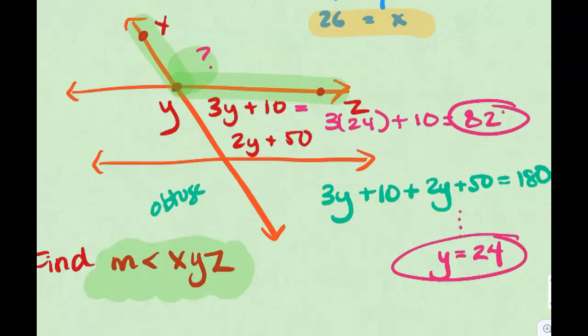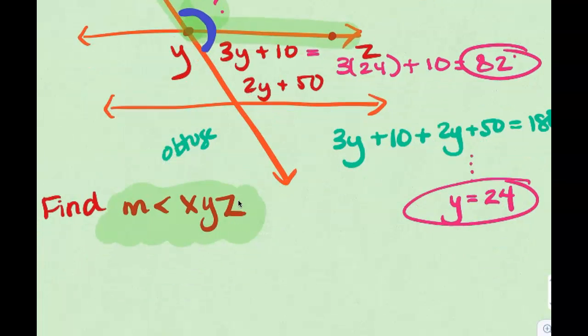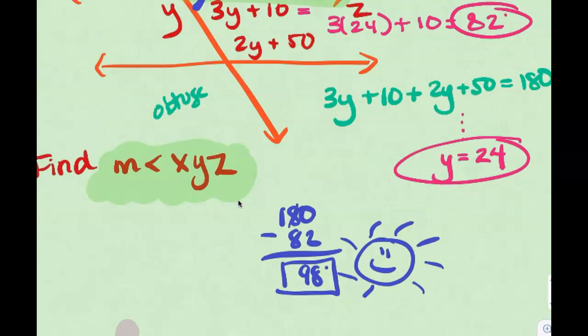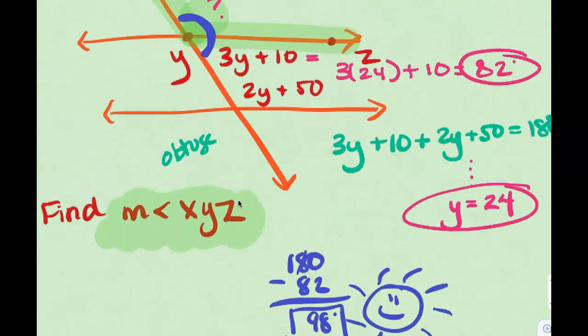Now, in order to find the angle that we're missing, I'm going to do my little swoop. I have a semicircle there. And so I can take, I'm running out of room here, guys. This is a great regions question. I'm going to subtract these, and 98 degrees is our angle, which if you check back up, this does look obtuse, so that's 98.